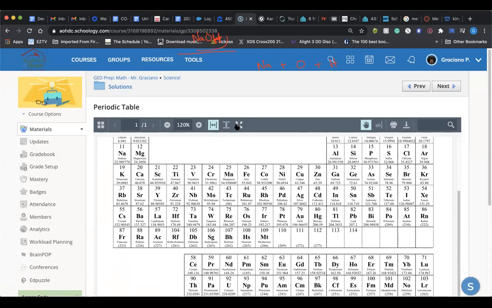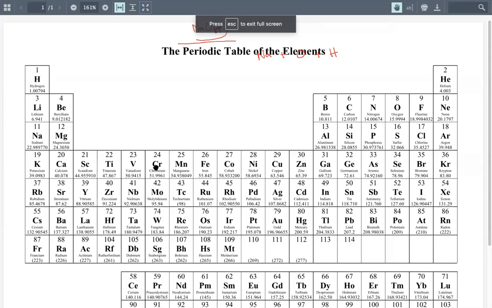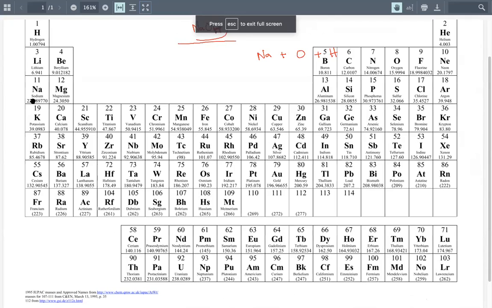And so if I make this larger, just a little bit, I can find my measurement for Na here. It's 22.98. I'm going to say it's 23. I can find my measurement for oxygen, O, right over here. It's 16. And then my measurement for H is just about 1.